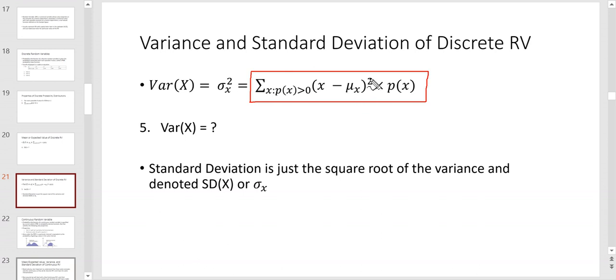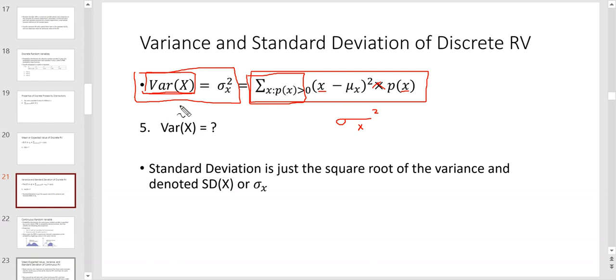You're going to square that difference, then multiply that by the probability of that particular value of x. Then you sum them all up. Notationally, you'll see the sigma notation, which should be familiar to you, or this alternative notation, both of which are useful, and you'll see this one in more advanced texts.